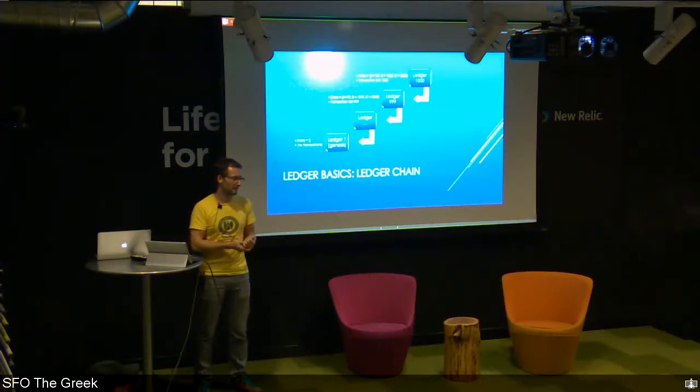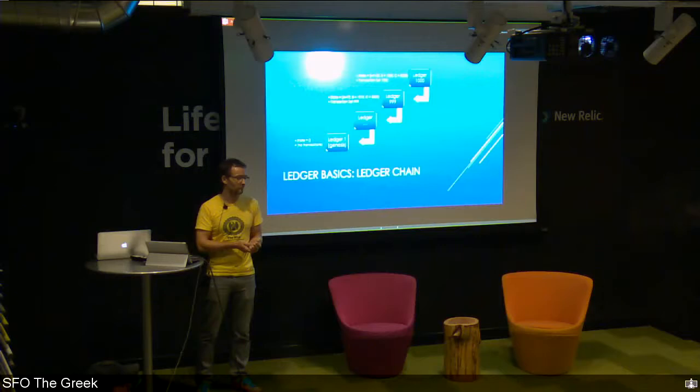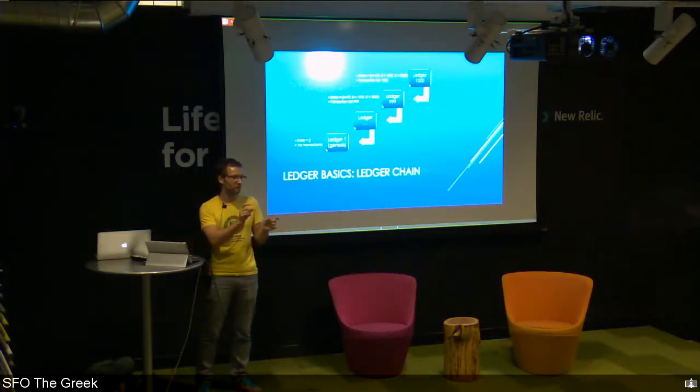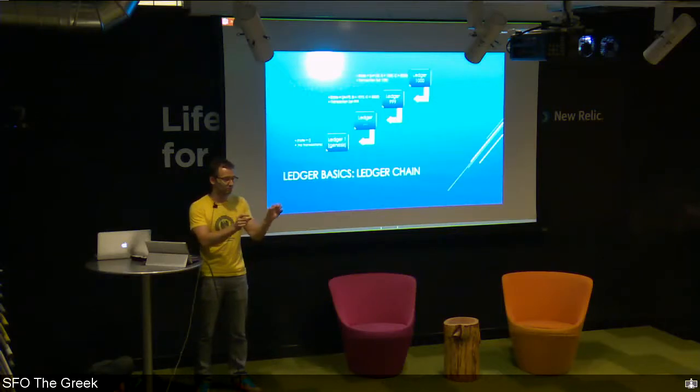So it downloads the snapshot of the ledger and then the transaction history since that point. The transactions are tied to specific ledgers, and all those are signed and hashed, so we can verify integrity.